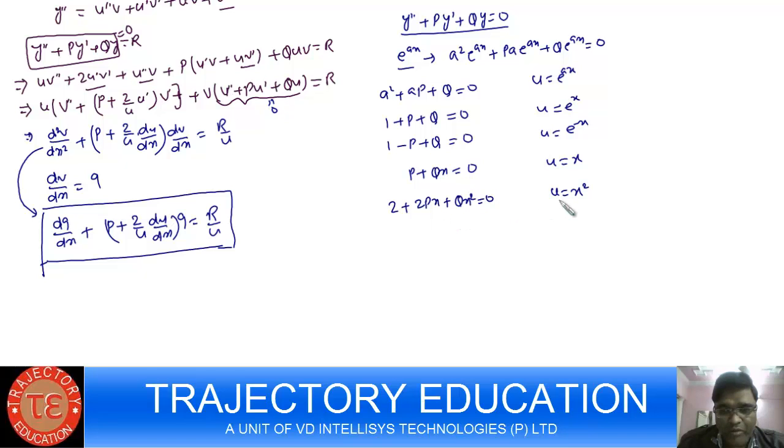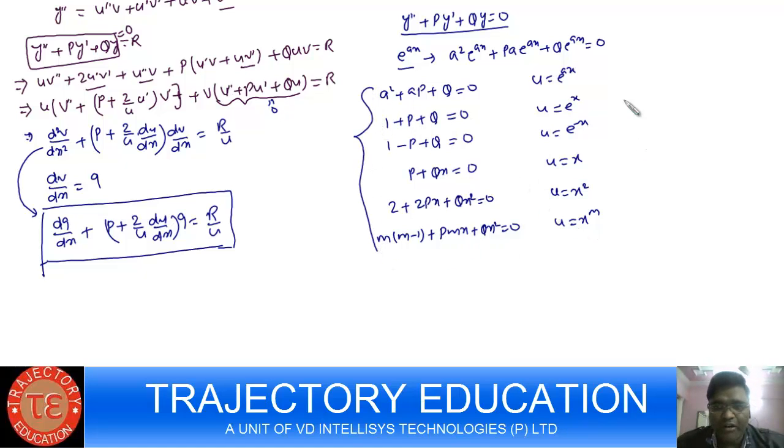So if u equal to x square is one of the integrals belonging to the complementary function, then this condition must be satisfied. In general, if u is x to the power m, then m into m minus 1 plus p m x plus q x square equals 0. If this condition is satisfied, then u equal to x to the power m is one of the integrals belonging to the complementary function.